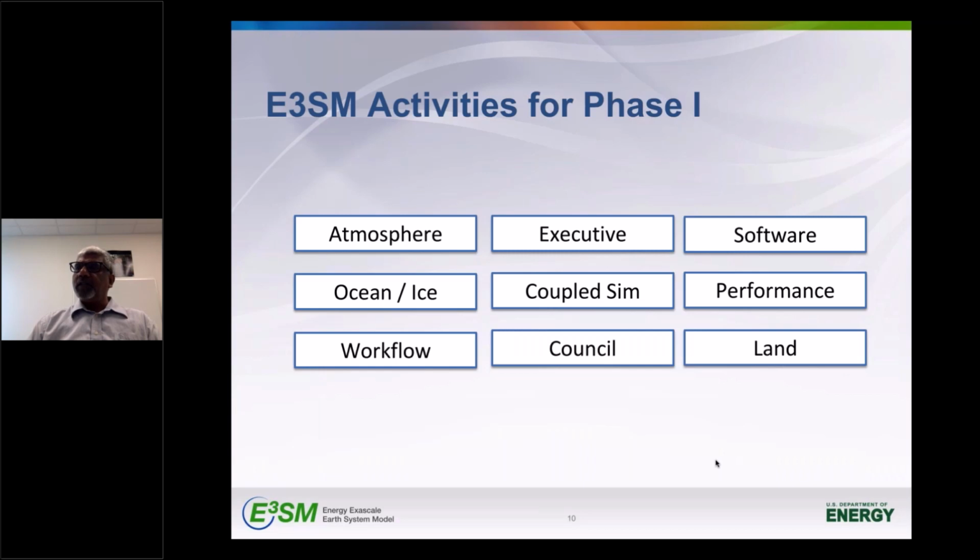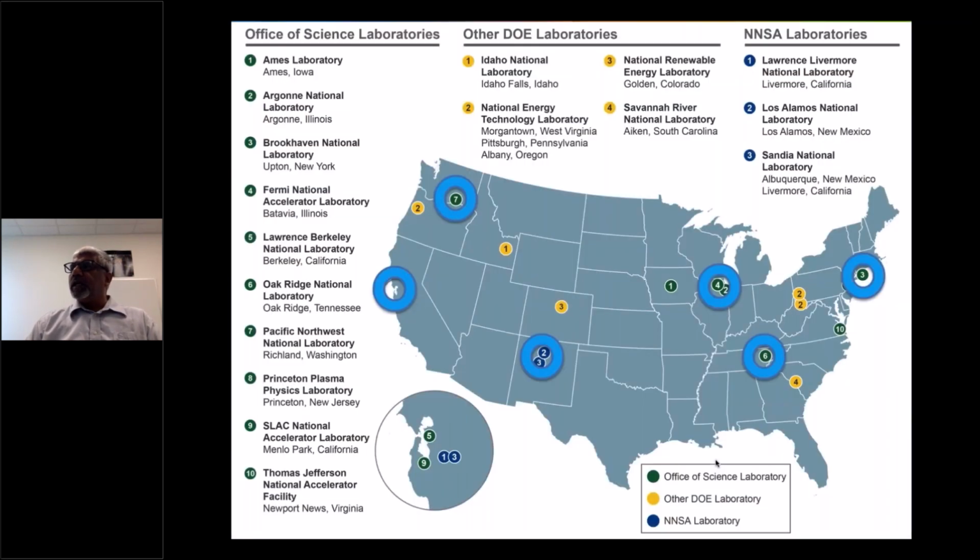So I have been part of this workflow team in the first phase of the E3SM project, and I'm going to be talking about what we've been able to accomplish and deliver in support of the project as well as the model. One of the challenges that we face is that it's a collaborative effort from personnel from many different Department of Energy laboratories and universities.